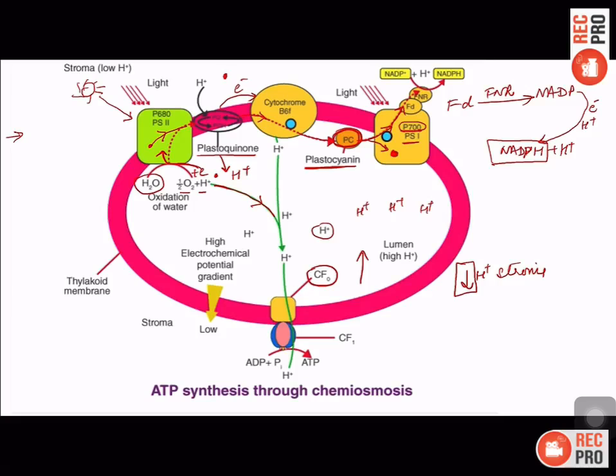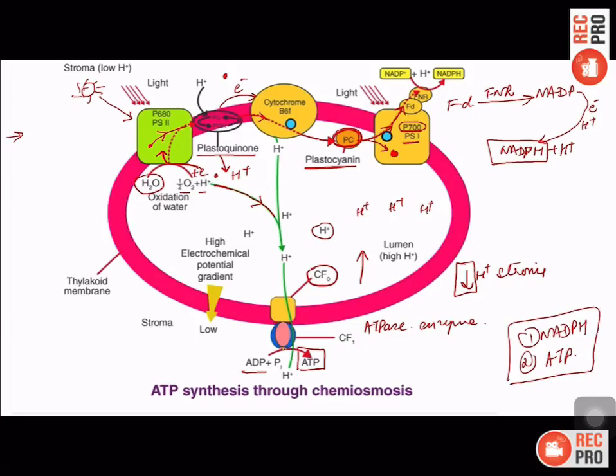This will provide energy for CF0, and this in the presence of the ATPase enzyme will activate CF1 and convert ADP along with inorganic phosphate into ATP. So you are getting two end products, that is NADPH and ATP, in this whole process, right?